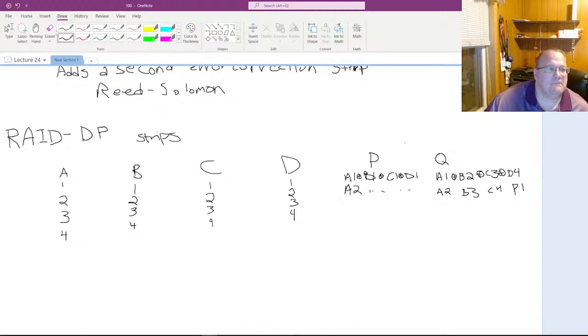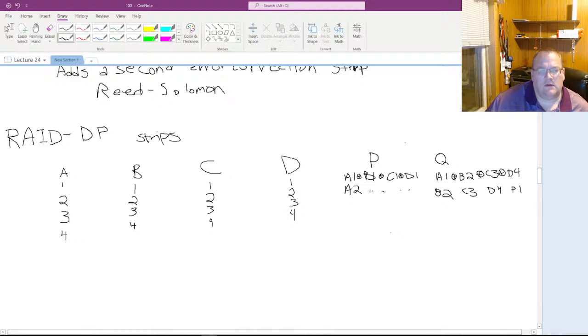Yeah, I am. I switched my directions from my notes. That makes it hard. Okay, so this will be B2, C3, D4, P1. So it goes down like this, starting from 2 here.